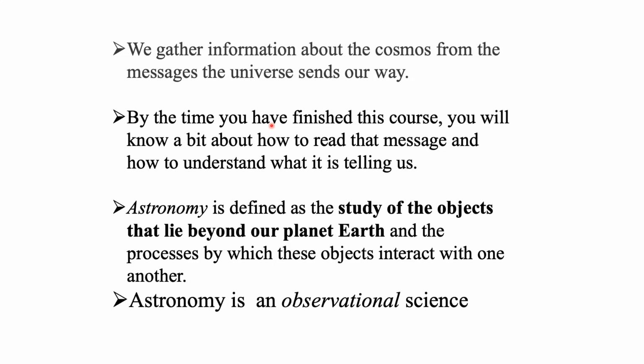There is no way that you can go to each and every object and check those. That's not going to happen. So normally we collect the messages coming from different parts of the universe, and depending on those messages we make predictions and get information to understand the universe. That's what normally happens in astronomy.